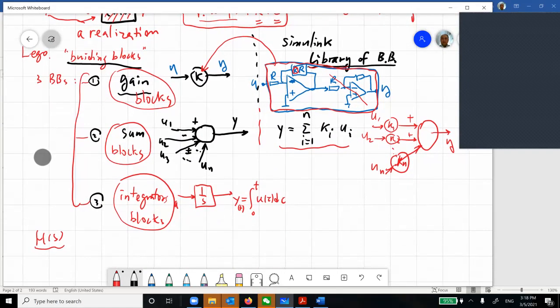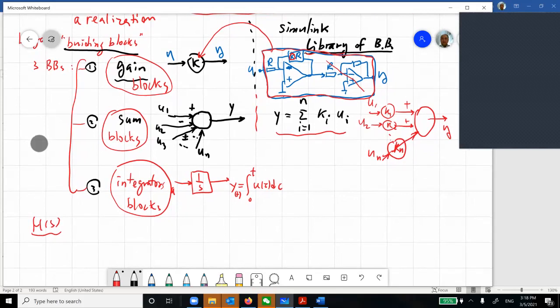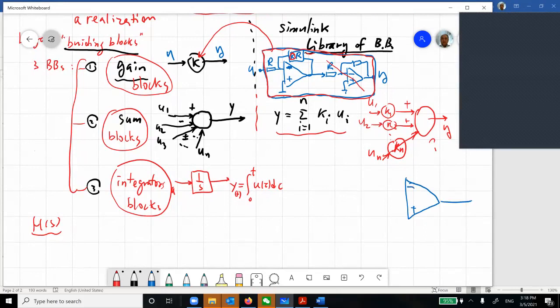But what about the summation? Don't you guys feel like this is trivial? So how to do this? Okay, simple. You only need one Opamp in here. So if I'm talking about this one, what should I do?